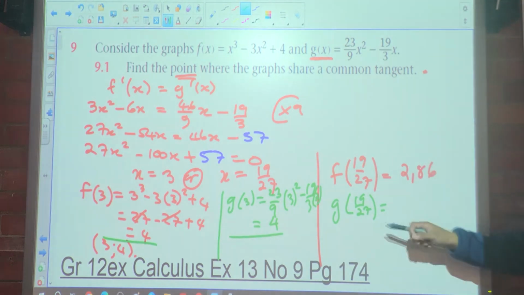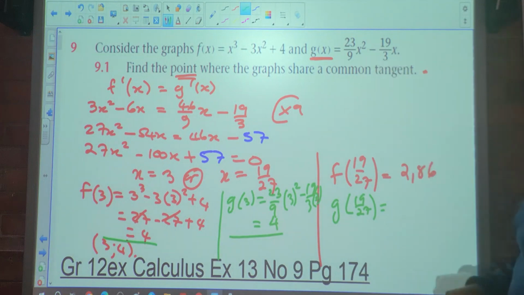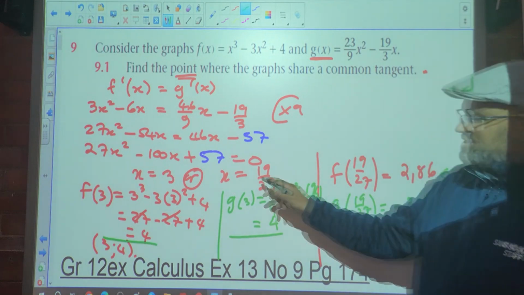I'll tell you now. Okay, carry on. You must put this in here. Negative 3 comma 19. What do you notice? It's not the same. So what does that mean to say? That's why they omitted the solution here.